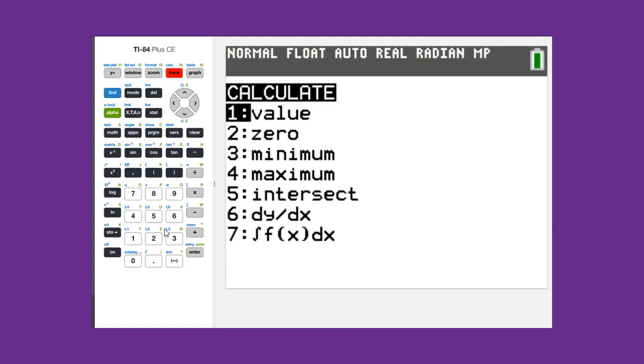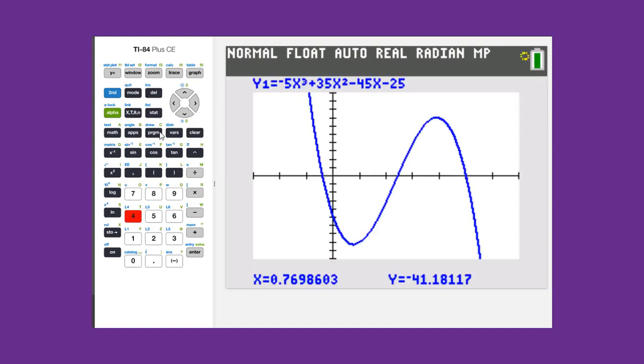So we go to second trace. I'm looking for maximum. That's a 4. Move the arrow to the left side, a little bit closer to that maximum value. So I put the enter. Then I go to the right side of this maximum value, put the enter, enter again.